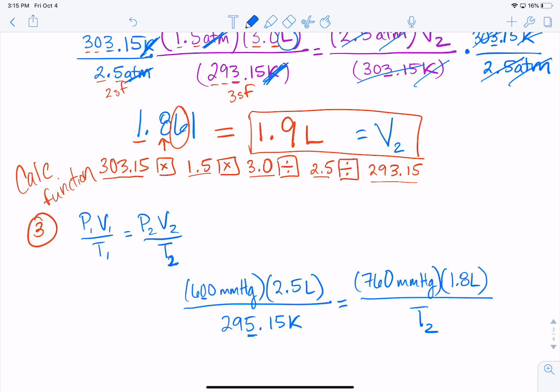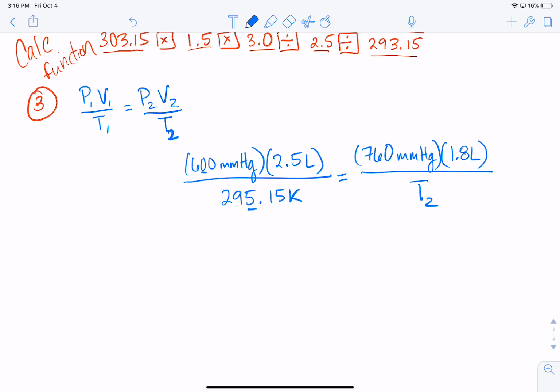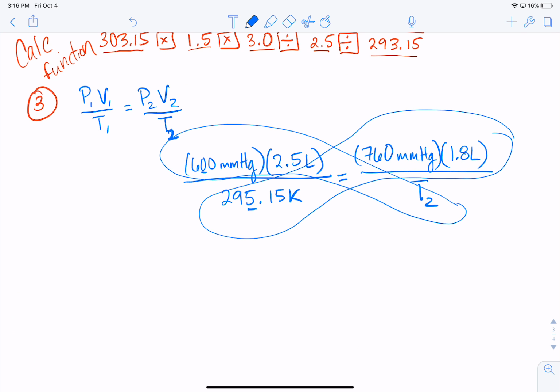The reason why I feel like this is a bit tricky is that it's multi-step. Remember how you cross multiply? All right, so let's do it. T2. I'll just watch and not write, because this is going to be on a video and you can write it later. Just watch how I do this one.